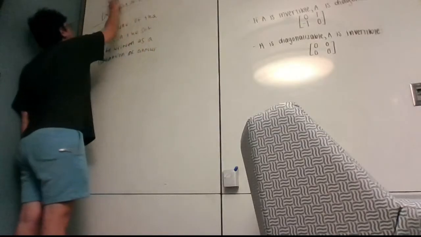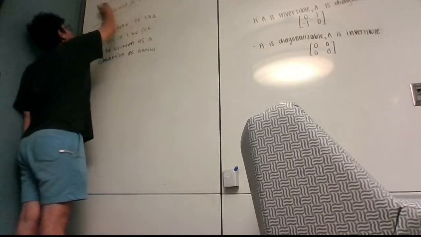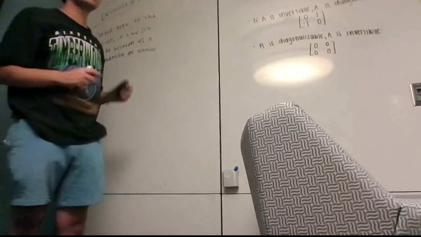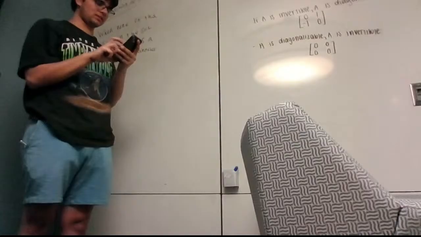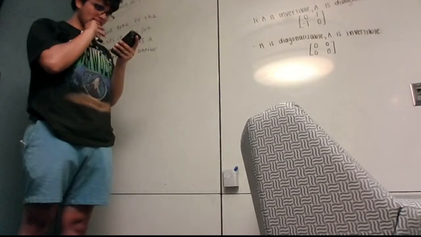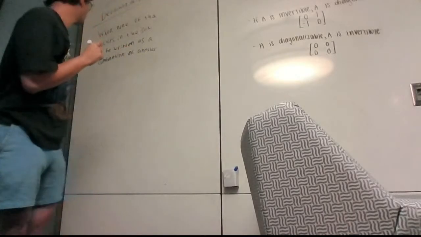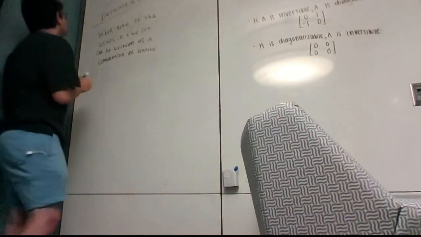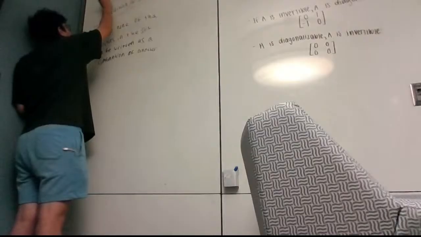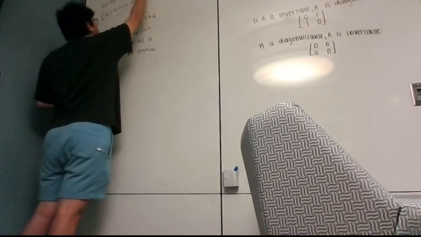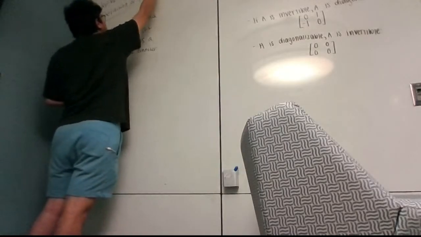Meaning, no, it's this. So it's v1 equals v2 equals v3 equals ... equals vn equals 0.